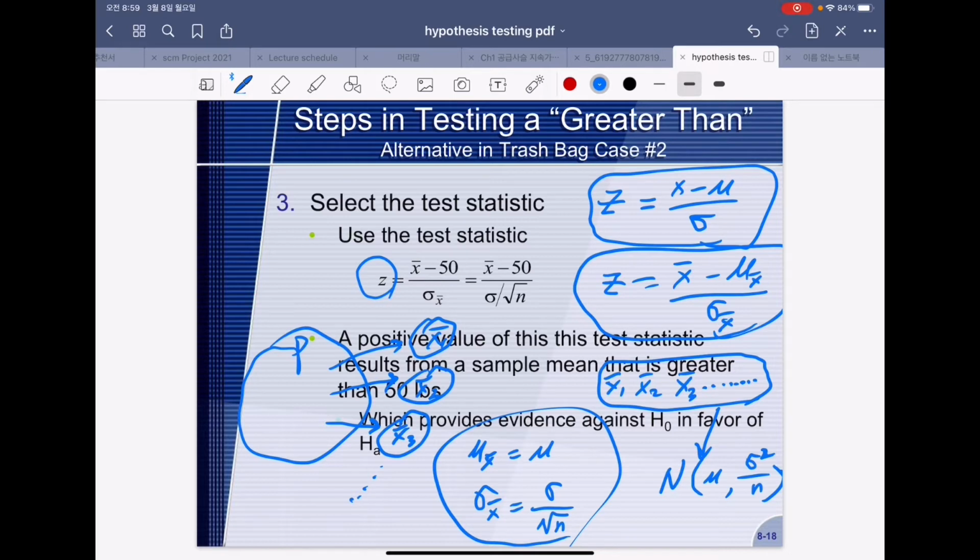Even though we have some kind of condition like n is greater than or equal to 30, even if n is less than 30, this theorem still holds. So that's the central limit theorem.